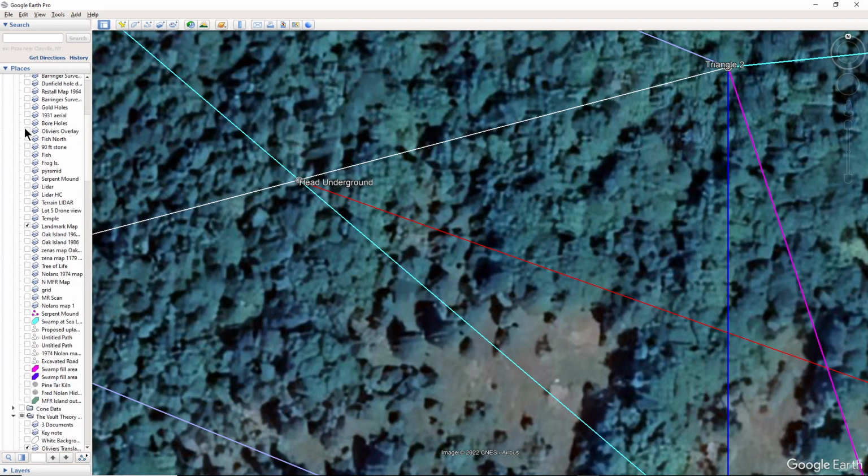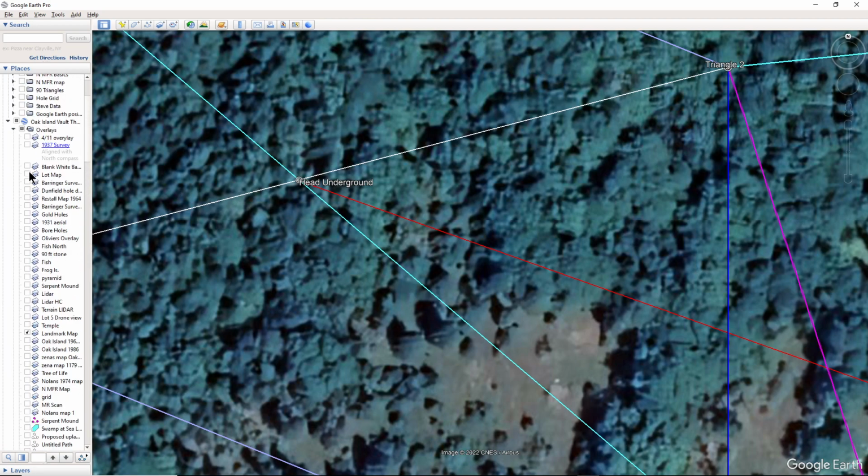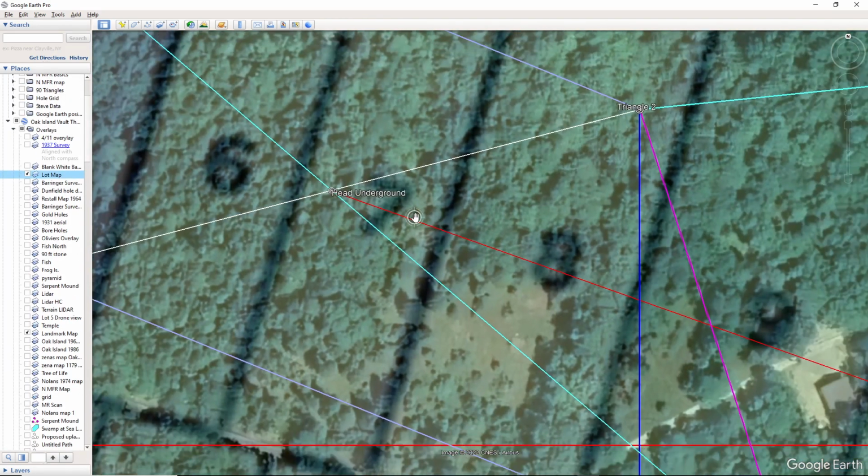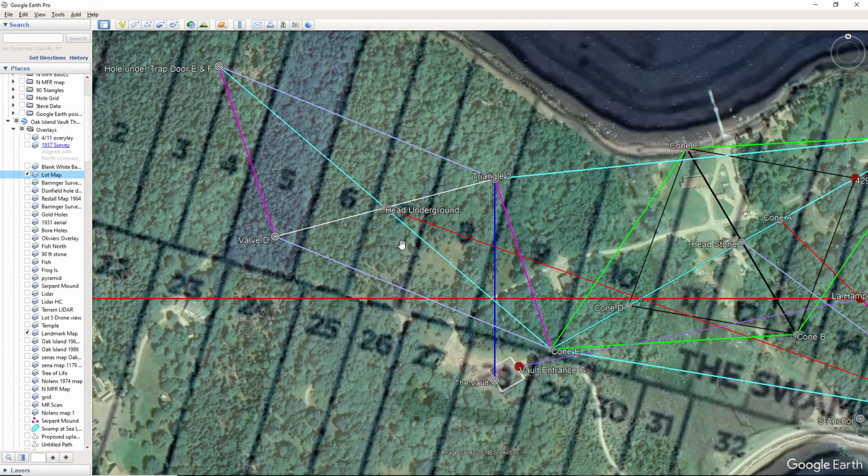And this point is on, let's get my lot map up. It's on lot 7. And triangle 2 is on lot 8.